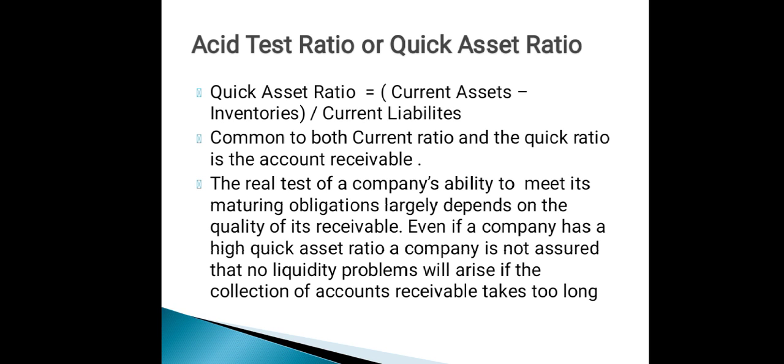But in acid test ratio, the real test of a company's ability to meet its maturing obligation largely depends on the quality of its receivable. In quick asset ratio, to pay the maturing obligation or the liability, they depend on the quality of its receivable.